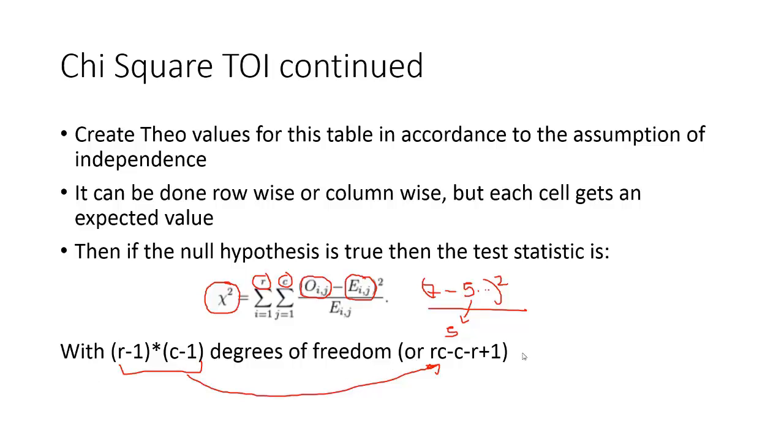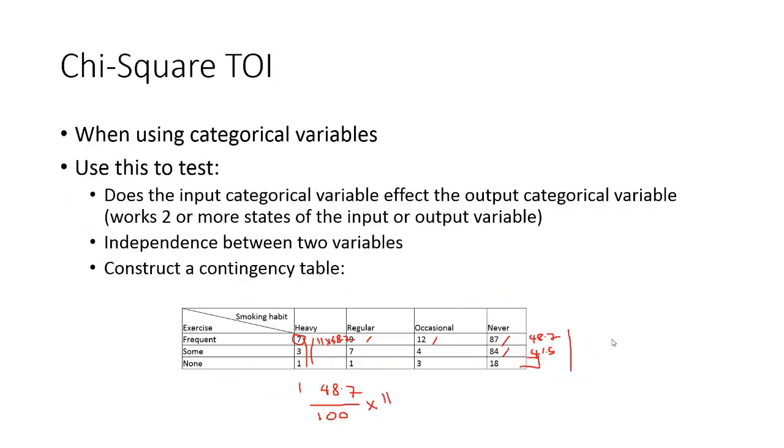So you've just calculated a test statistic using this formula, and that test statistic should be chi-square distributed with this many degrees of freedom. And again, you can use that same core concept to calculate a p-value associated with it, and thereby either reject the hypothesis.